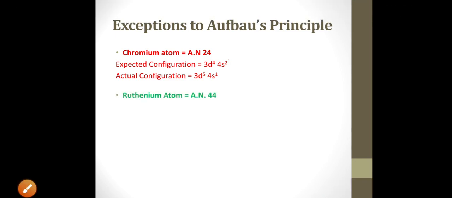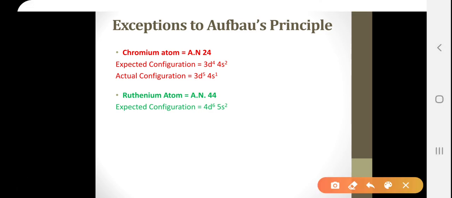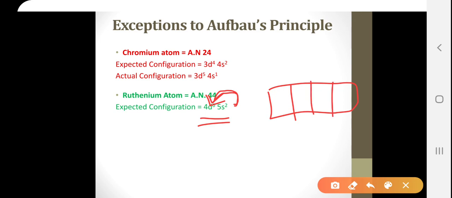However, see this ruthenium atom. Here the ruthenium atomic number is 44. So the expected configuration of ruthenium is 4d6 5s2. Here even if one electron jumps from s to d, it will not attain the complete configuration; the orbital will not be completely filled.